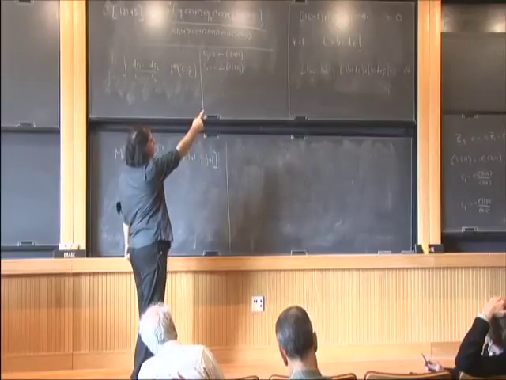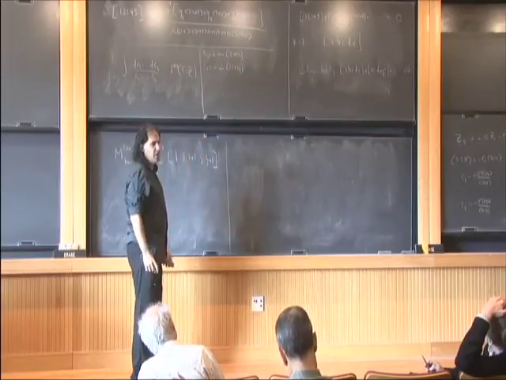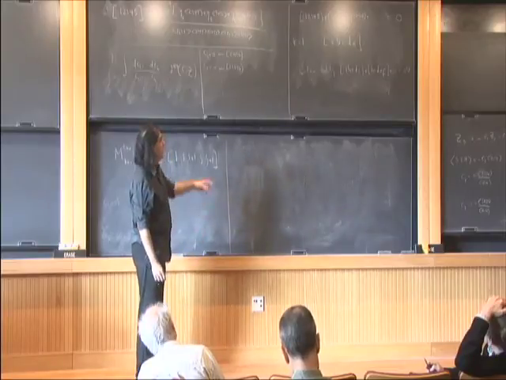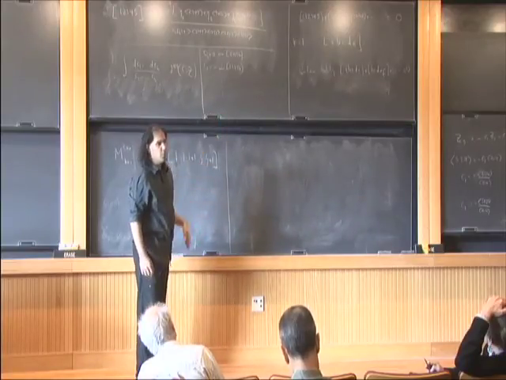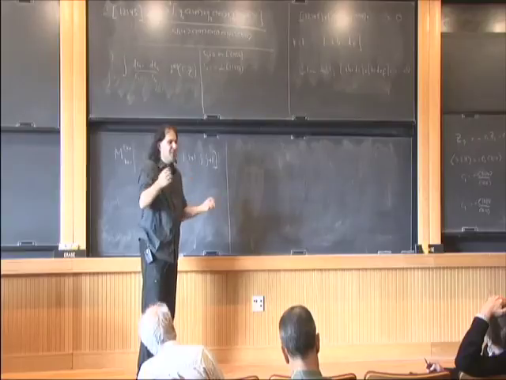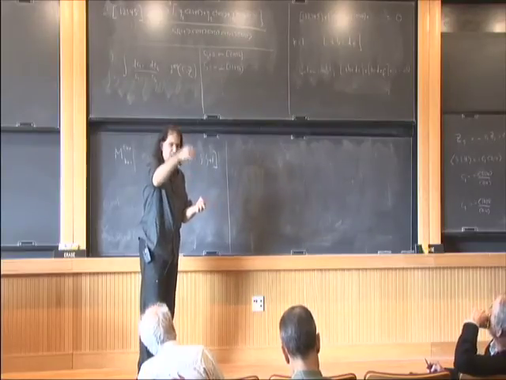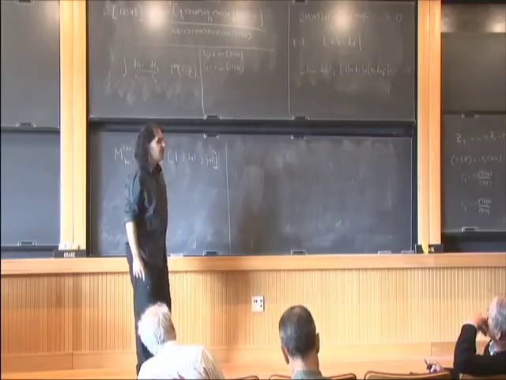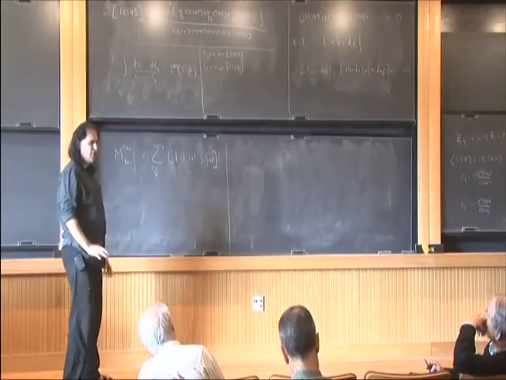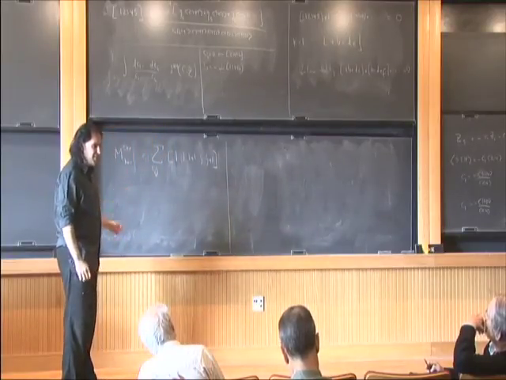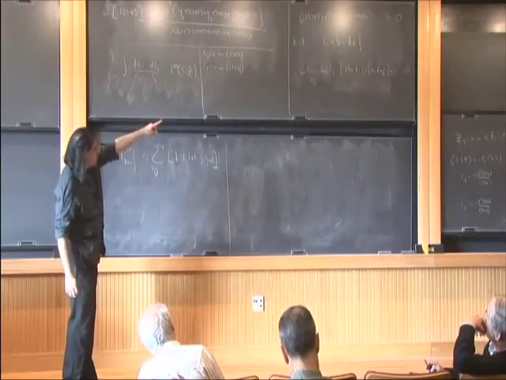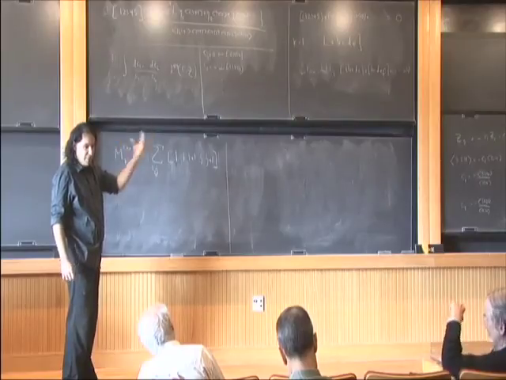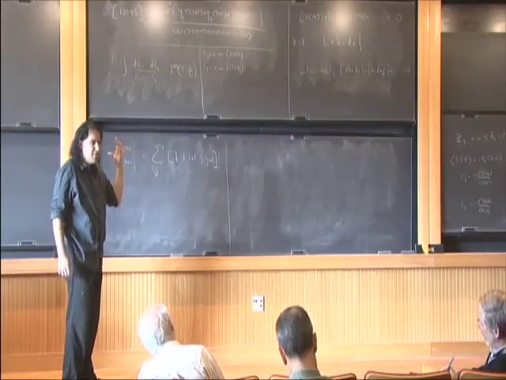On the other hand, these residues are exactly what I would get if I imagined that the 5 particles were living in CP4 and were just giving the vertices of some tetrahedron in CP4. So that turns out to be more than an analogy in this case, because we can give a formula for that object as actually the volume of a tetrahedron in CP4, of a simplex in CP4.